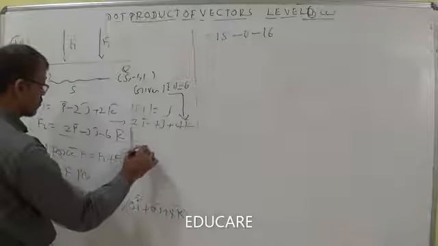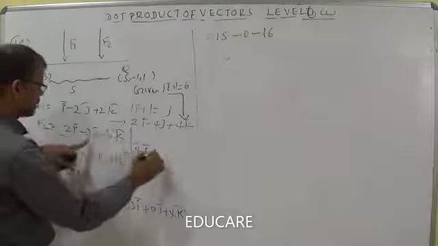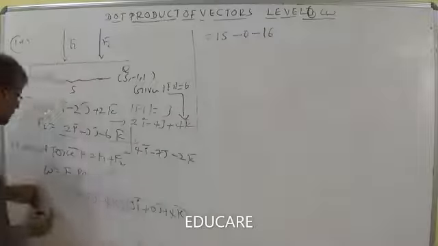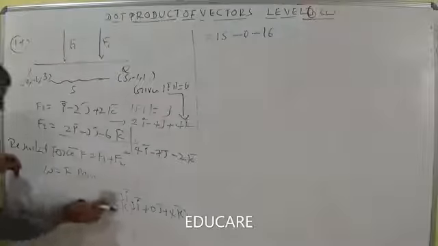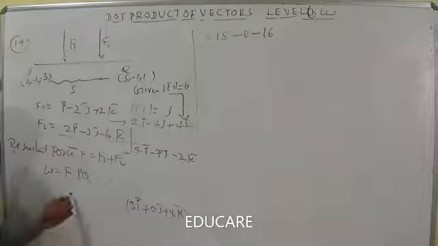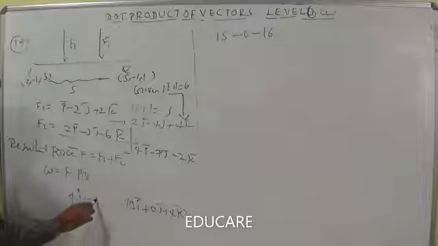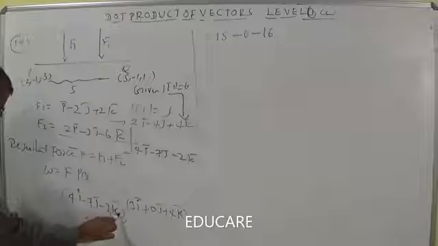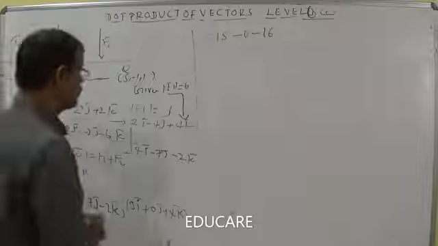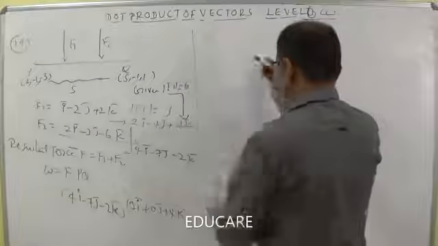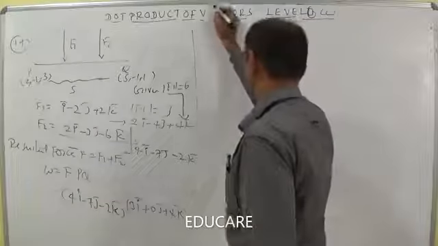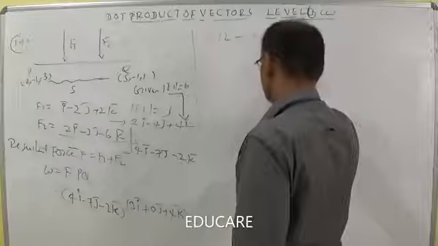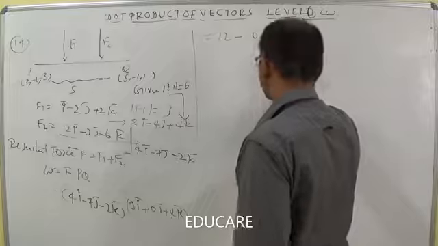It becomes 4i minus 7j minus 2k. So you should write here the value 4i minus 7j minus 2k. Now 4 3s are 12, minus 7 times 0, minus of minus 2 4s are 8.